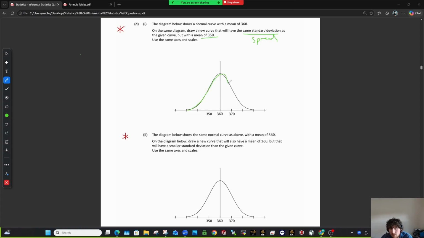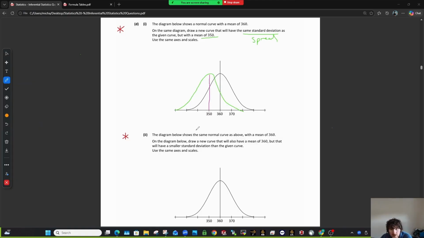It needs to look the exact same shape, but it needs to have its peak here at the 350. So that looks like this. It keeps its exact same shape and just comes over like that. It's the same amount spread out from the pink line, its new mean. So that would be full marks there, okay?